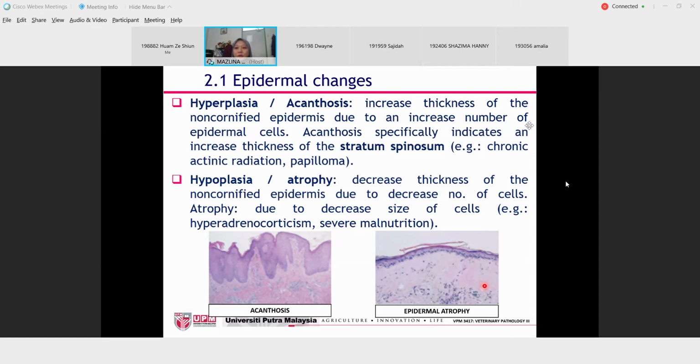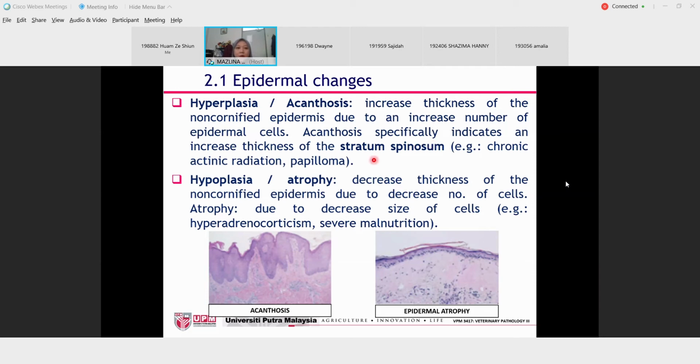Acanthosis specifically indicates an increased thickness of the stratum spinosum. This one you can always see in cases of chronic actinic radiation, or chronic exposure to UV radiation or the sun, and even cases of papilloma.